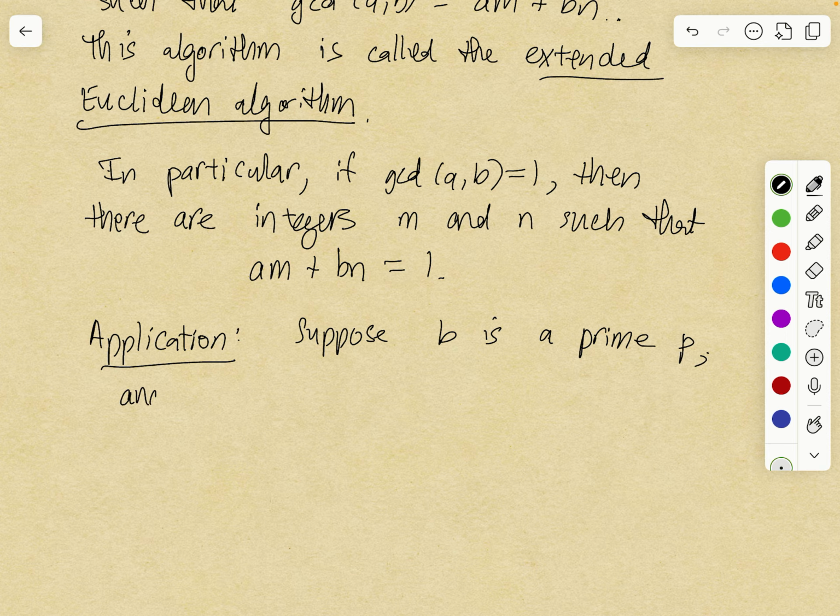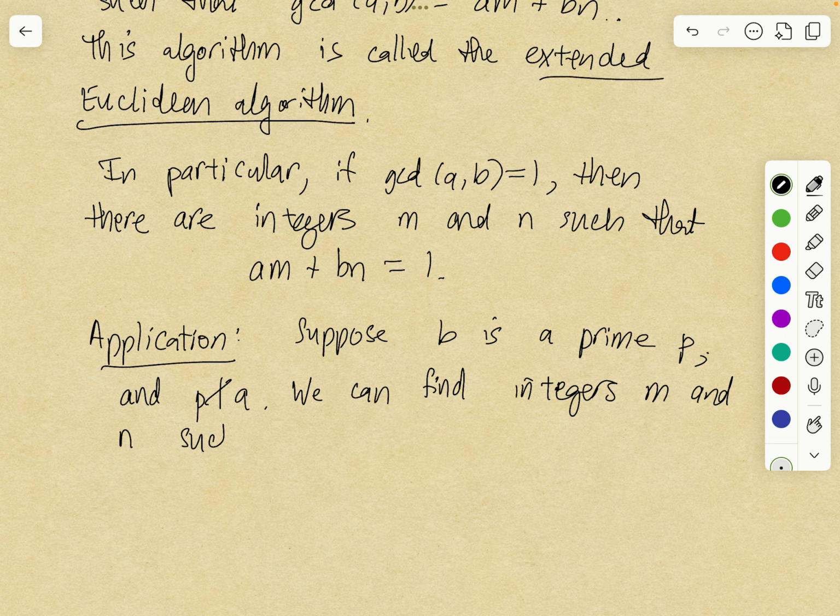So in other words, P does not divide A, right? So A is not a multiple of P. Then by the extended Euclidean algorithm, we can find integers m and n such that am plus pn is 1.